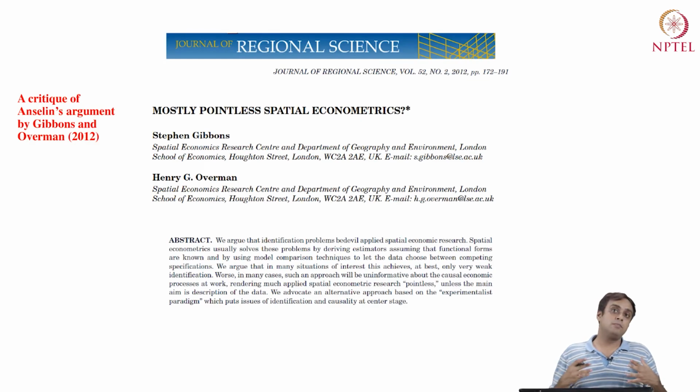Okay. Now this argument has been critiqued by Gibbons and Overman in a highly cited paper called Mostly Pointless Spatial Econometrics. The argument that Gibbons and Overman are presenting is as follows.